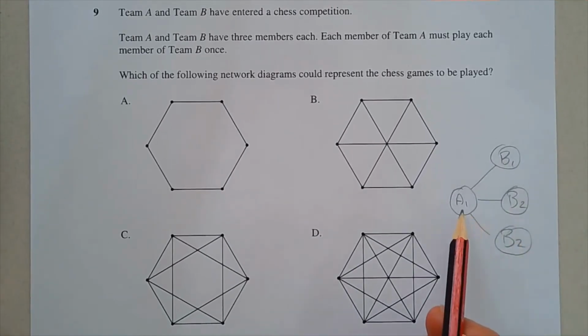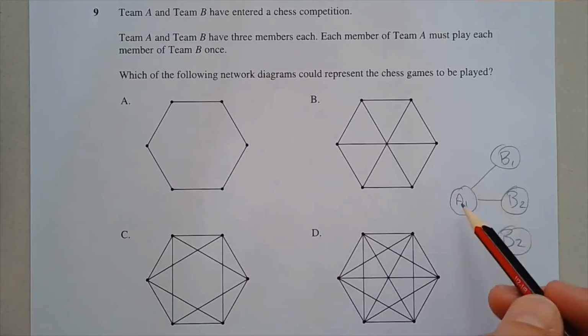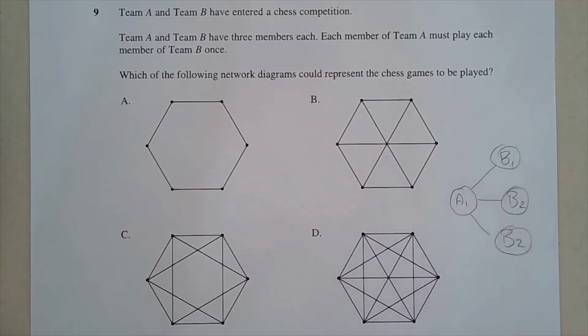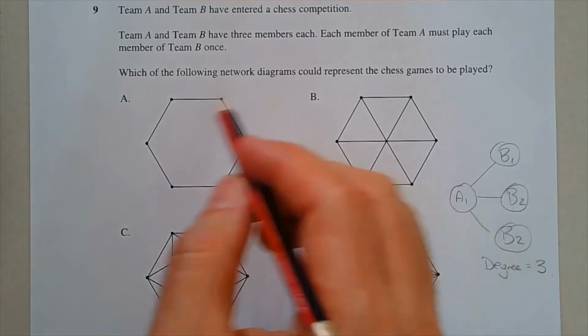Now, let's go back to vertex A1. So this is Team A player 1. Think about the degree of this vertex. The degree is the number of edges that basically enter or leave a vertex, or the number of edges connecting to a vertex. And the degree here is equal to 3. Now, go back to each of these options.